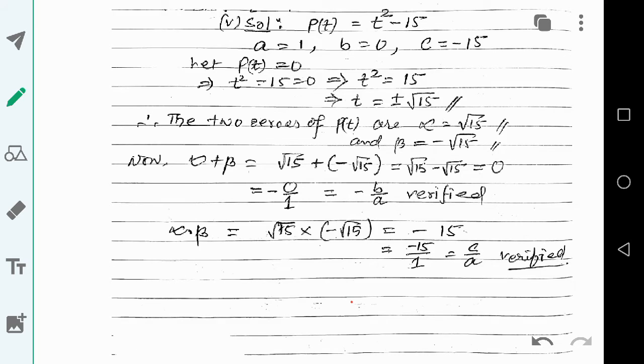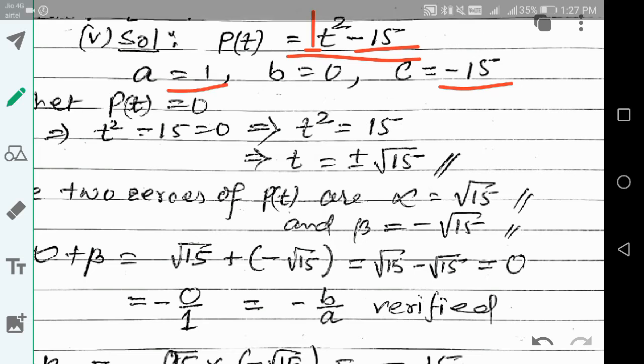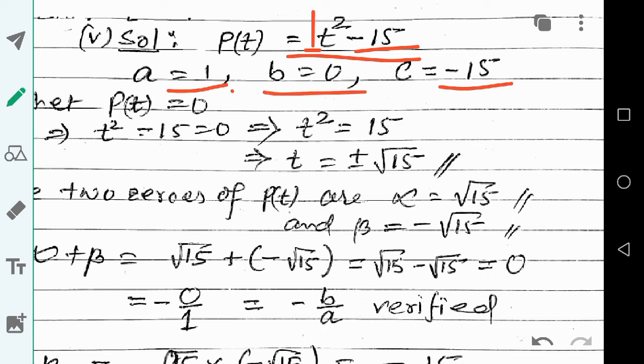Here you see the next one is t square minus 15. Here minus 15 is the constant term, and t square is there, so a is 1, and the term consisting only of t is not there, that's why b must be equal to 0.